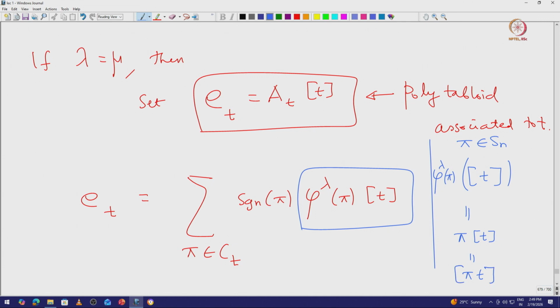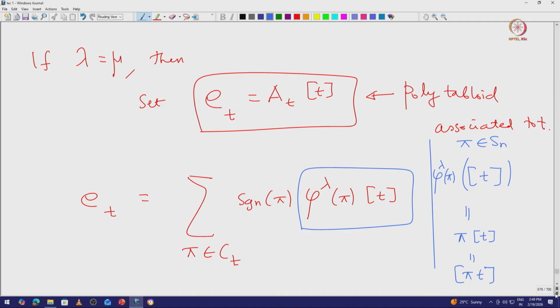So basically we take all possible orbits of this tabloid under the column stabilizer of T, and then we take the alternating sum of this. That is what we call a polytabloid. This alternating sum is very important, and it plays an important role here.